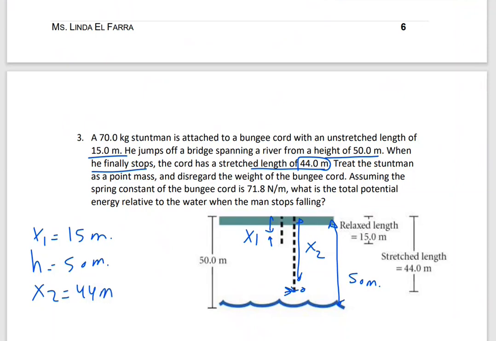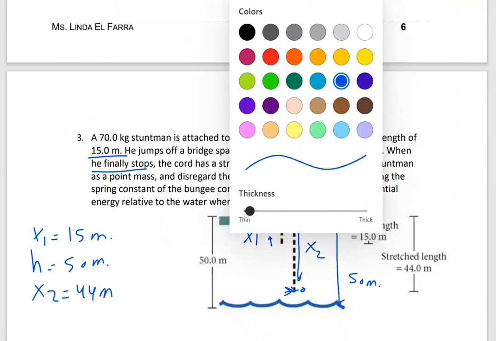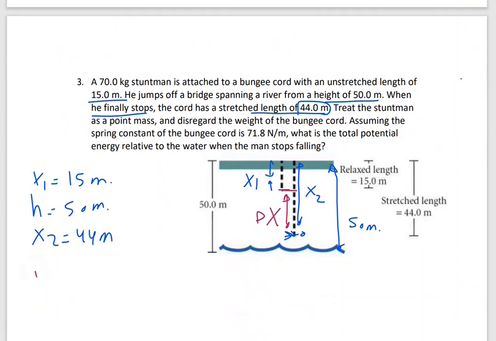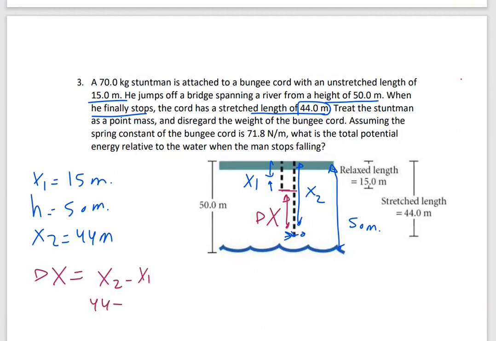How can I find the amount of the length that's stretched? This one from here till here, delta X. We subtract the new length minus the old, so delta X will be X2 minus X1. X2 is 44 minus 15, and this will be 29 meter.